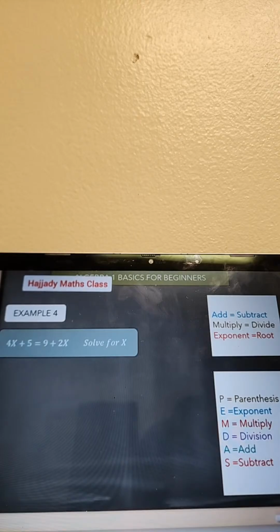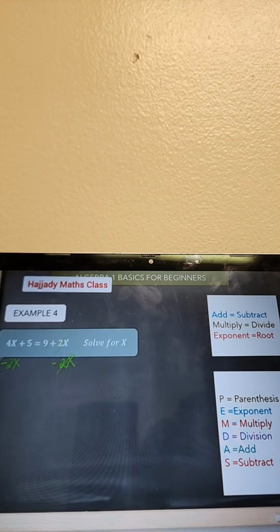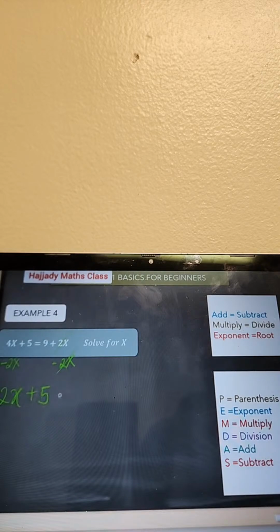And to do that, you subtract 2x from both sides so that you can eliminate 2x on the left side. And what else do we have? 4x minus 2x gives 2x plus 5 equal 9.